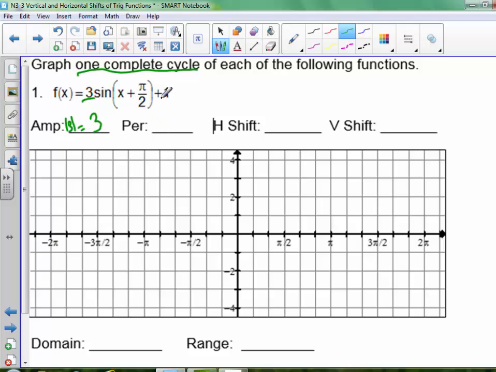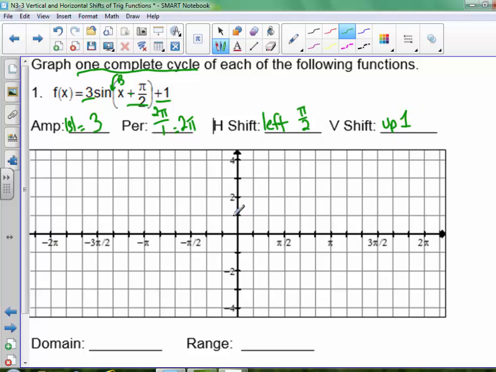Our period is 2 pi divided by B. In this case, B would be right here in front of the parenthesis, but since no number is written, that means 1. So our period is simply 2 pi. Our horizontal shift comes from right here, plus pi over 2, so we're going left pi over 2. And our vertical shift, plus 1, means we're going up 1.